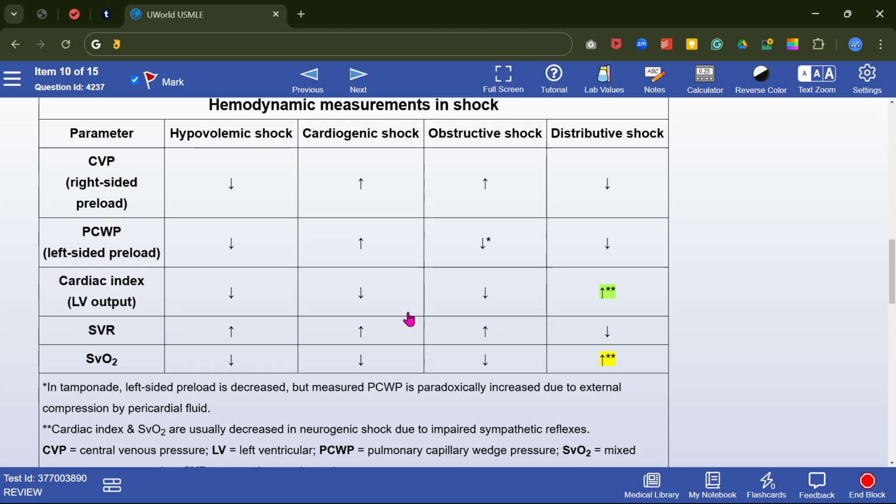What happens in the cardiac index? It is low, systemic vascular resistance is high, and that means mixed venous oxygen saturation is low.